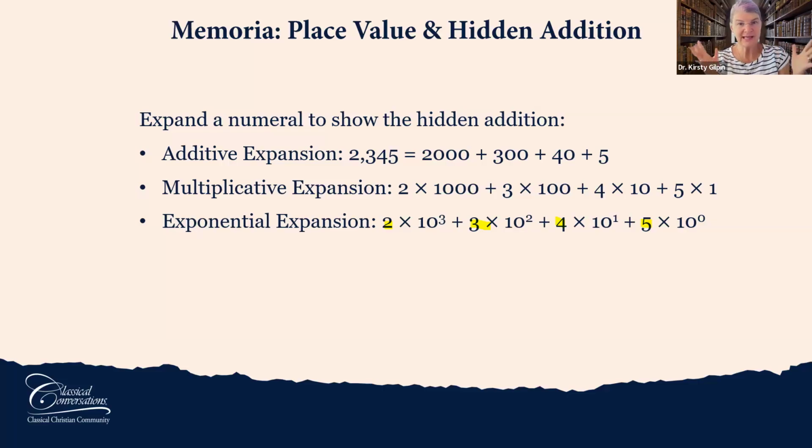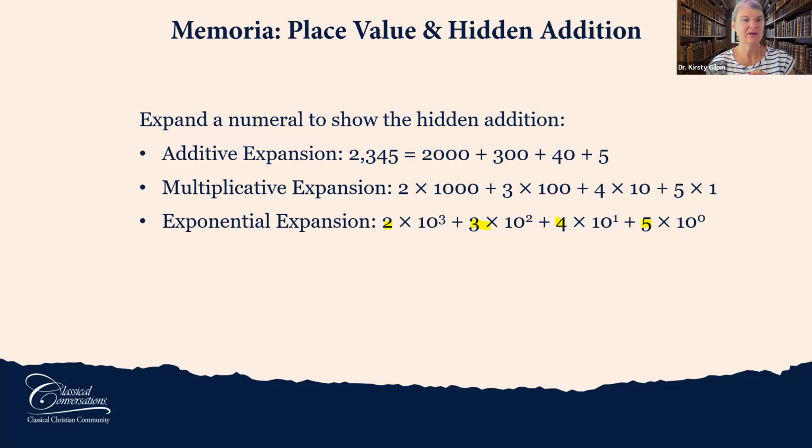So if I can multiply 9 times 9, and then we do trades like we did with the addition, then if I can memorize 9 times 9, that's what I need to understand this.